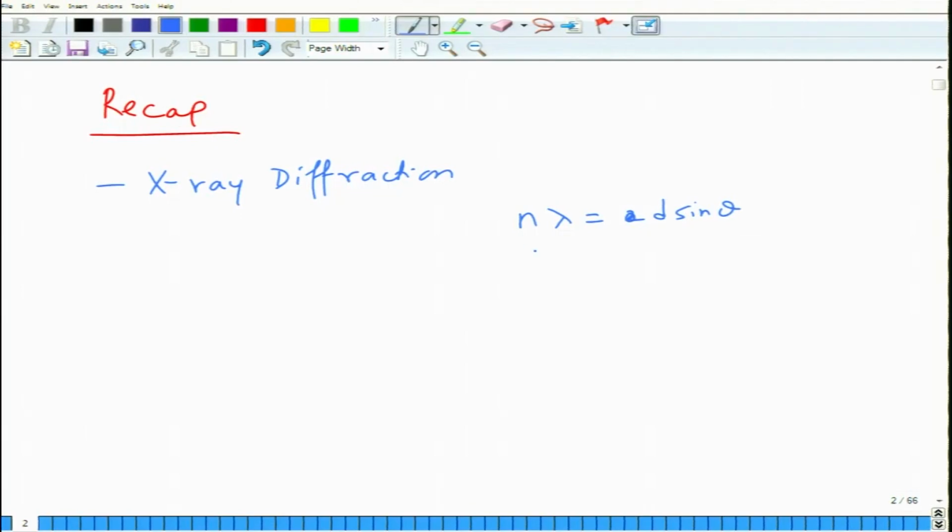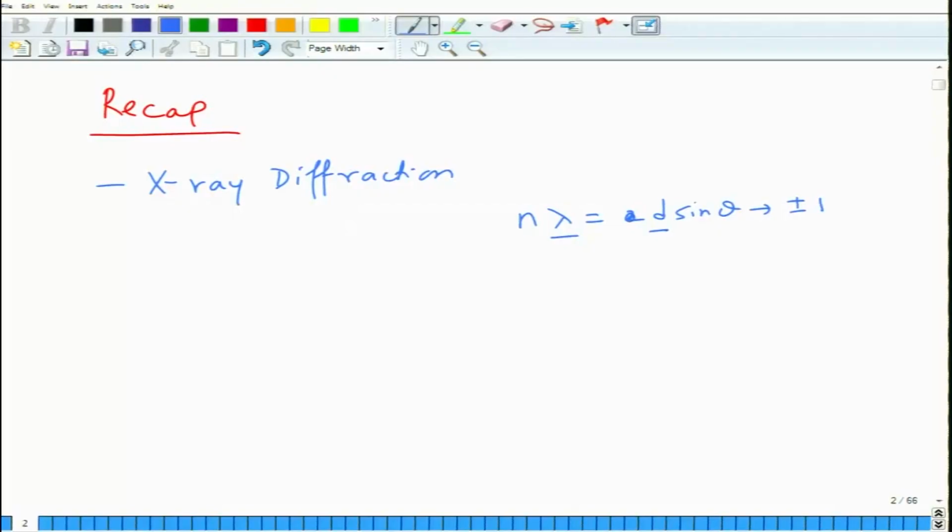The condition n lambda equals 2d sin theta, or d sin theta in Young's experiment, tells you that lambda and d should be comparable, because sin theta cannot be more than plus or minus 1. So to get diffraction effects from crystals, you need radiation whose wavelength is comparable to the lattice spacing, and that is where X-rays were useful after they were discovered.